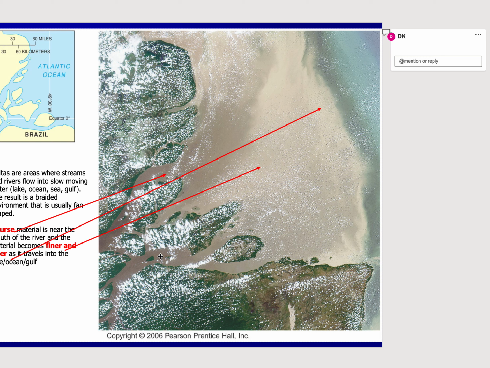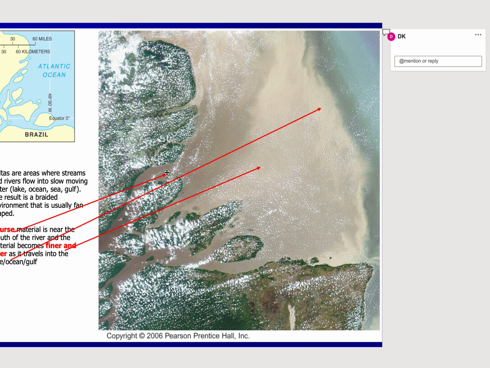And we can tell where the velocity and the capacity of the river slows down because we can see from the satellite image the color change in the deposited material. So out here it's pretty dark, so we're carrying a lot of stuff, but by the time we get past these little islands of deposition that have been created, the taupe color diminishes, which means we've lost some stuff, right? So right here, we're still moving pretty fast near the mouth of the river.